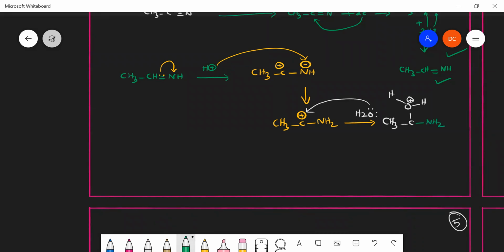Oxygen is highly electronegative, but here positive in nature, so it pulls the electrons, and H plus is left out. Minus H plus. Then CH3 COH and here single bond NH2.